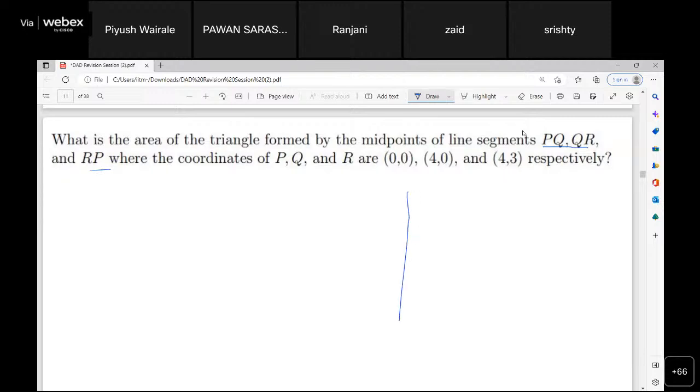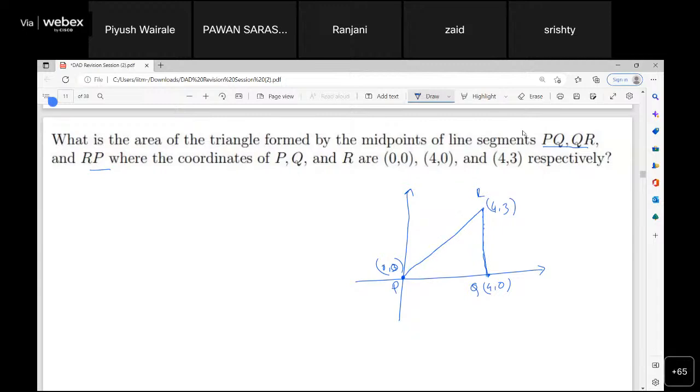Suppose this is 0, 0, the origin, and 4, 0 will be here. And where will 4, 3 be? Here, in the first quadrant. So this is my P, this is my Q, and this is my R, and I am joining these 3 lines.